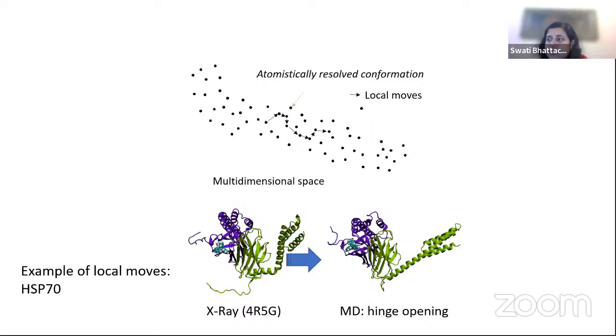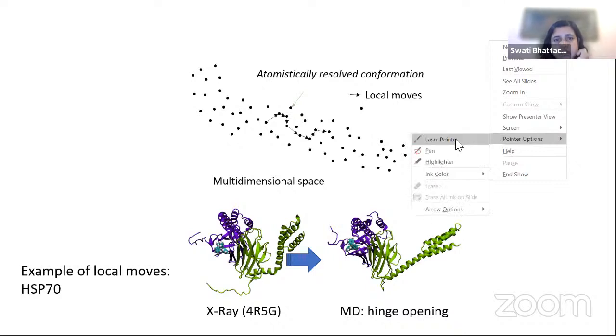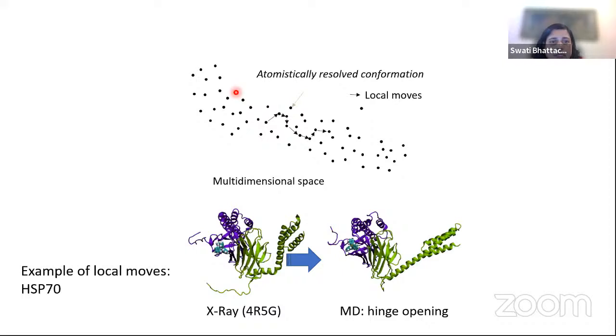Now, biomolecules such as proteins are shape shifters. In many cases, they can adopt multiple conformations, and there can be transitions between them, which are very important for functioning. If you look at the schematic here, the individual points represent atomistically resolved conformations. All of these points represent all the different conformations that a protein can adopt.